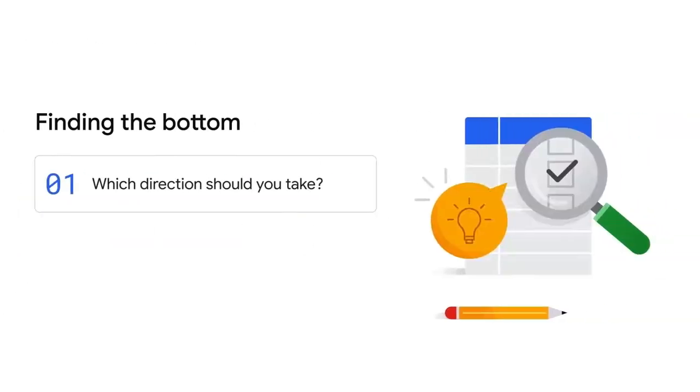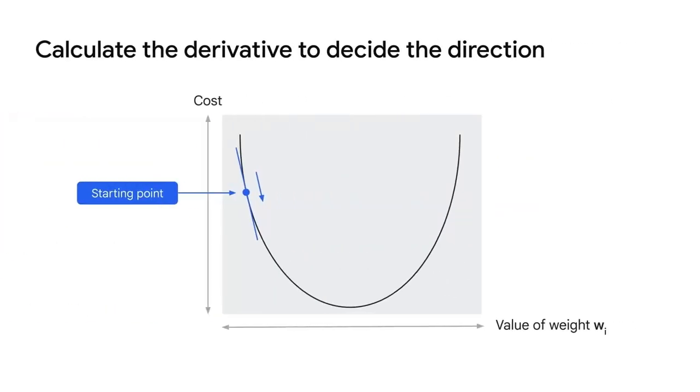It turns out that the problem of finding the bottom can be divided into 2 different and important questions. The first is, which direction should you take? The answer involves the derivative. Let's say you start from the top left. You calculate the derivative of the cost function and find it's negative. This means the angle of the slope is negative and you are at the left side of the curve.